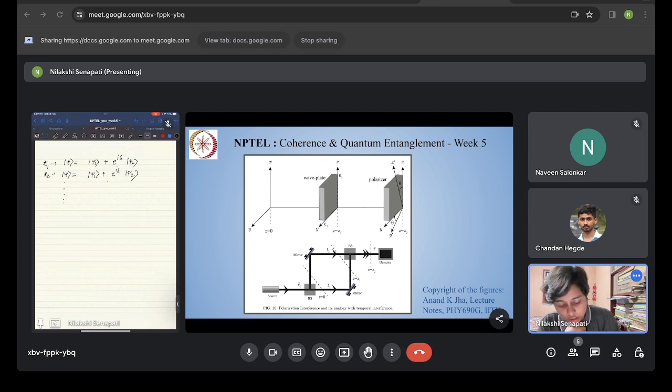At tn you will have psi equal to psi 1 plus e to the power i delta times psi 2. That means over time it has the same replicas, the same things. Over time there is no change in the field. Over time it has the same state vector. That's why we can say it is a pure state.